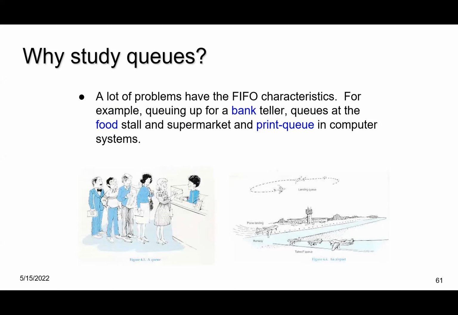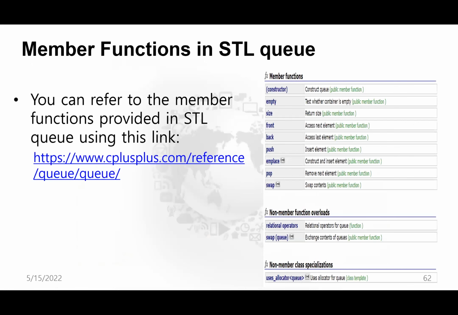So this person can send, and then person two can also send their job or document to be printed. So all these jobs will be put in a queue, so that whoever sends first will be printed first. You can also use it, let's say, for the landing of airplanes in the airport. They also follow a queue, like who will land first. So you can also use queue to wait for their turn.